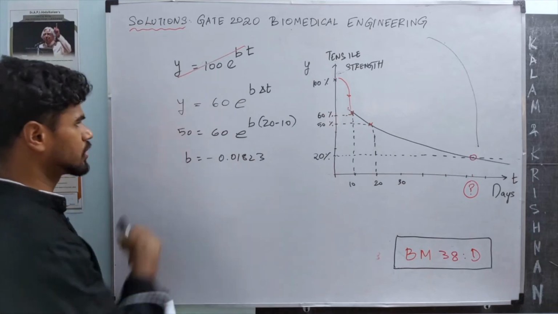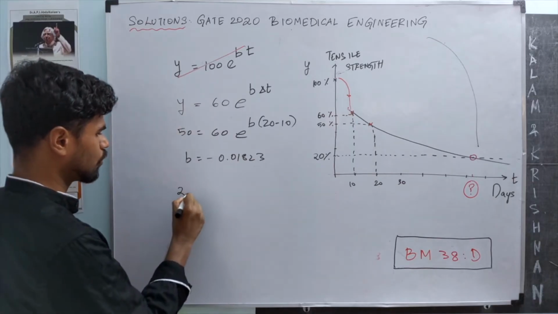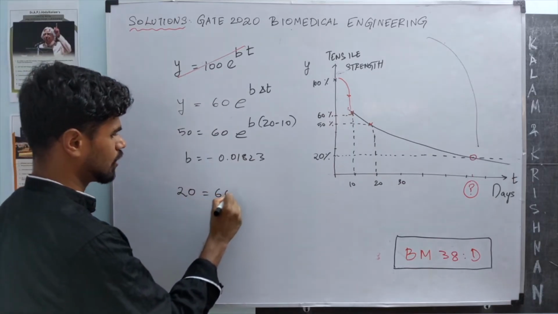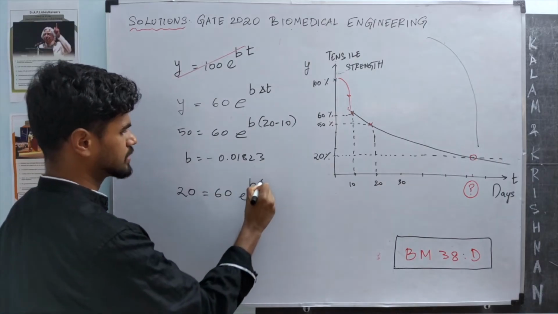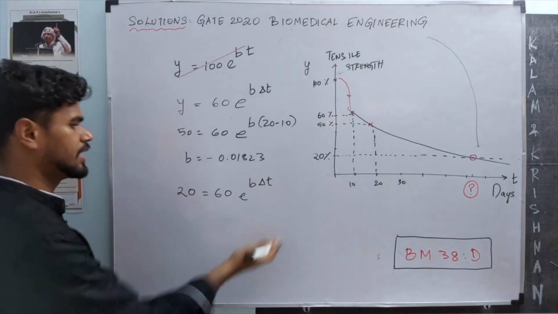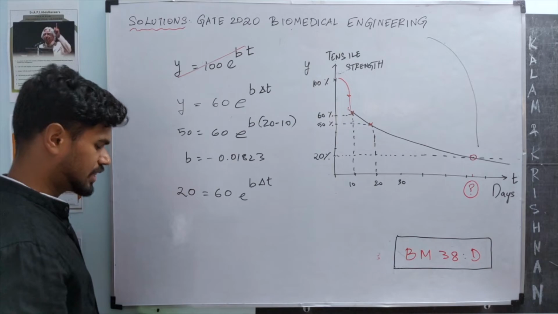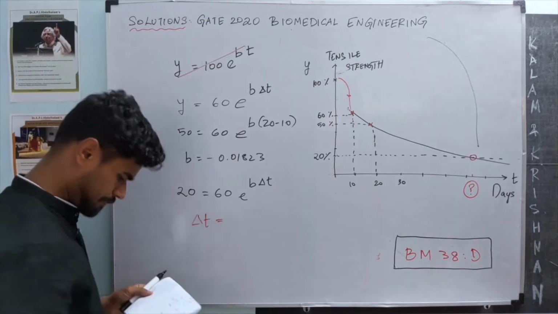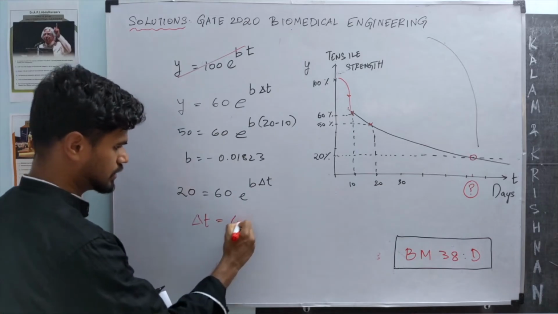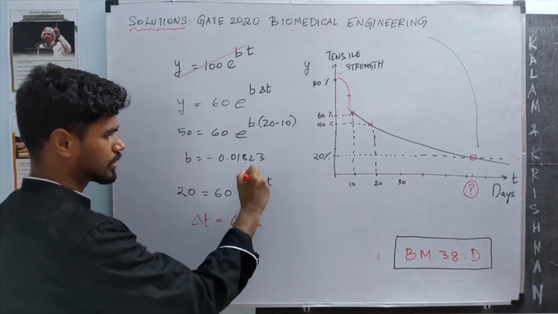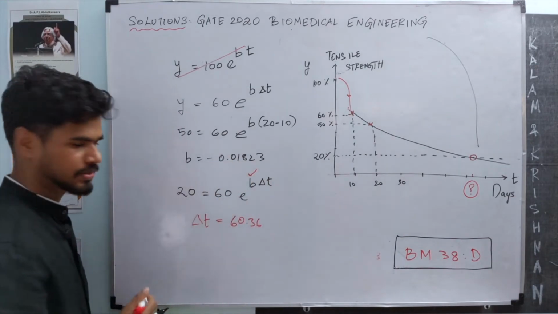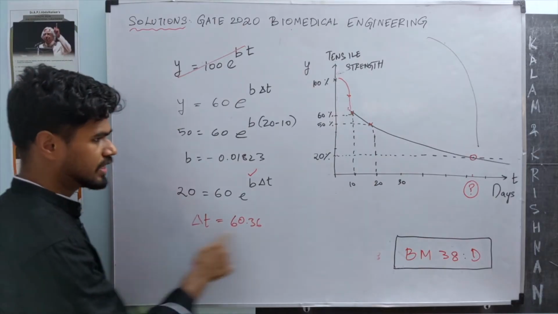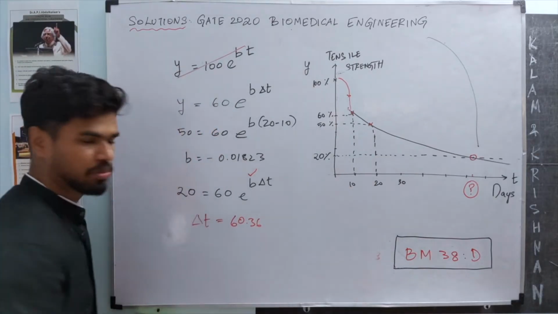Once we know the value of b, we want y to be 20 of 60, e power b times delta t. Again, take ln on both sides and find the value of delta t. We get delta t to be 60.36. Note that at this point we know what b value is. So delta t from the 10th day is 60.36.